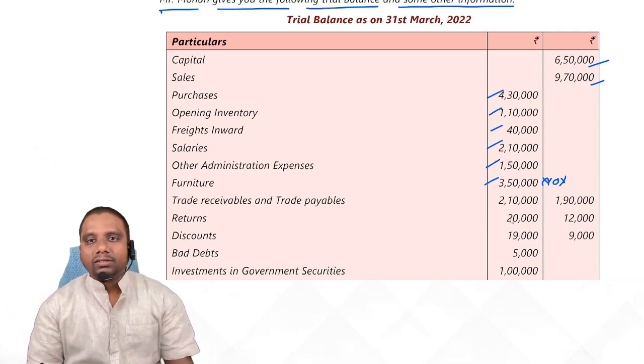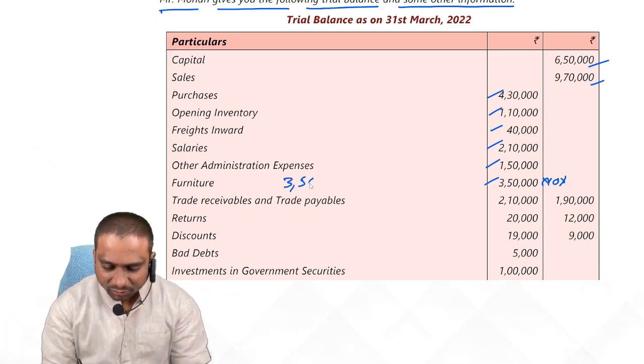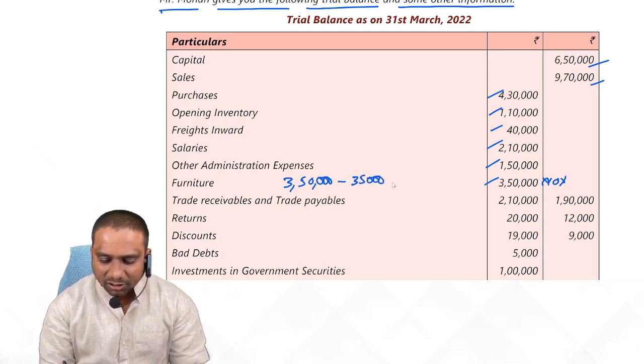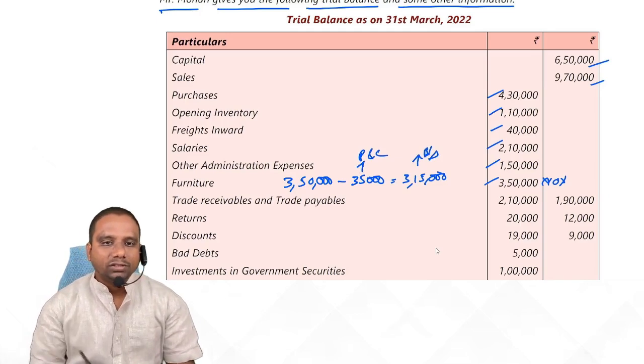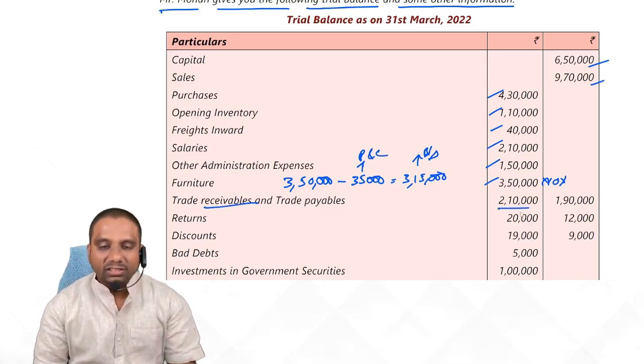Remaining 3,15,000 balance sheet asset. 3,50,000 asset minus 10% depreciation 35,000, remaining 3,15,000. So this is the P&L account. Clear, students?